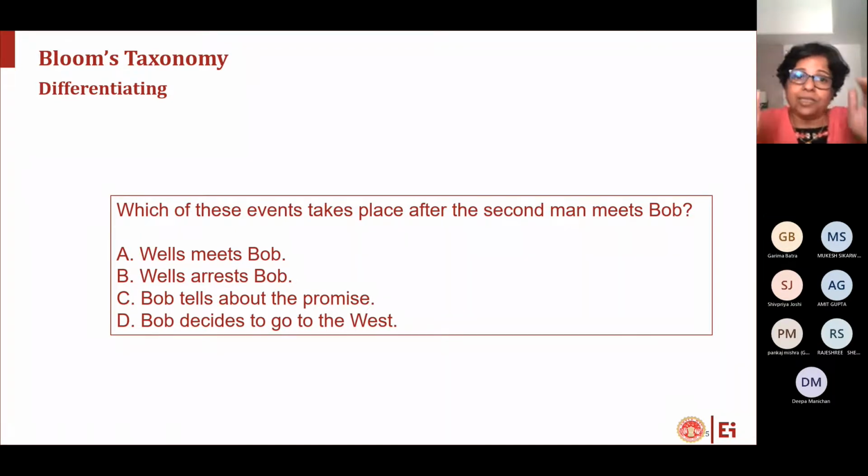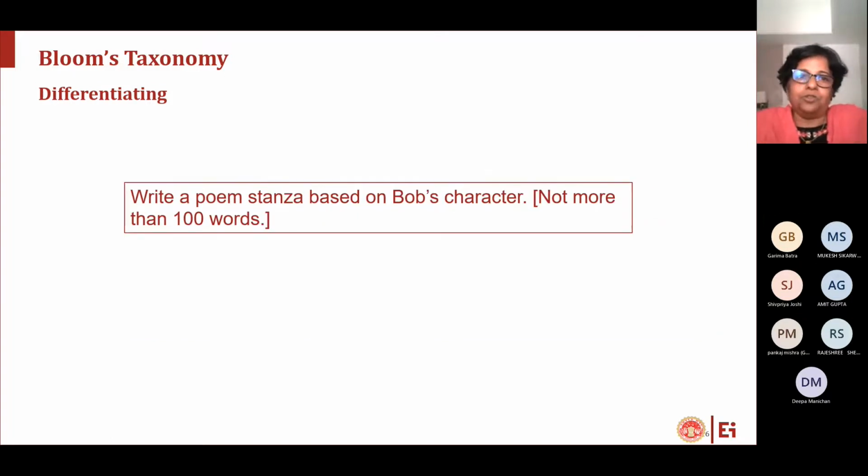If it is at a granular level, remember it will be remember, understand or apply. If it is at a conceptual level, it will be analyze, evaluate and create. We will go into that second level of analysis in the next step. The first step is to do this.